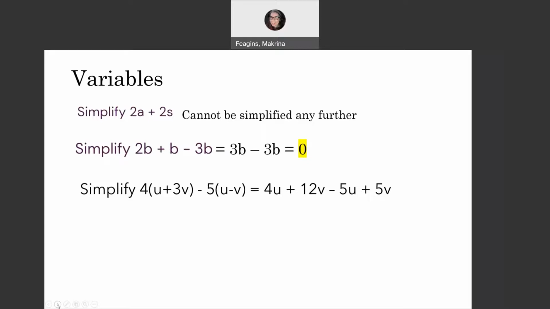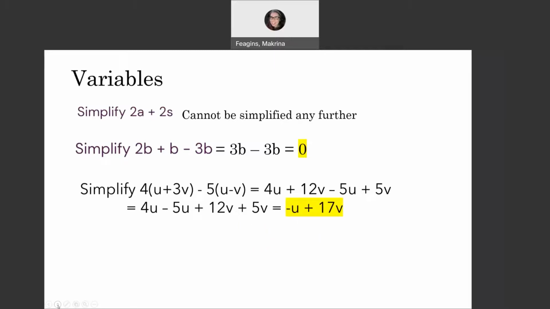If we begin getting a little more advanced, we have 4 times the quantity u plus 3v minus 5 times the quantity u minus v. So we would want to use what we call the distributive property. You want to distribute that 4 into whatever is inside the parentheses. So you'll come up with the 4u plus 12v minus 5u plus a 5v. So math is amazing.